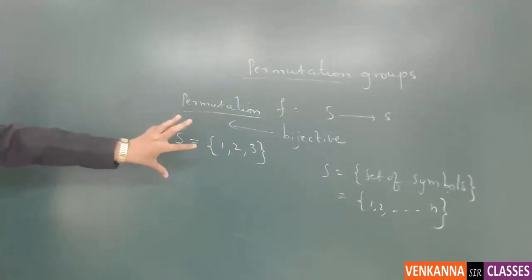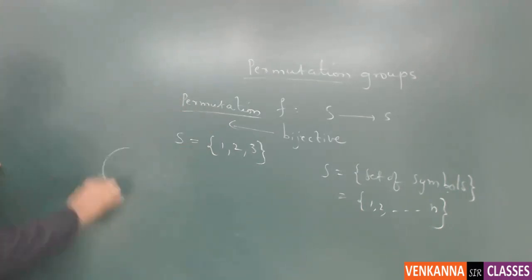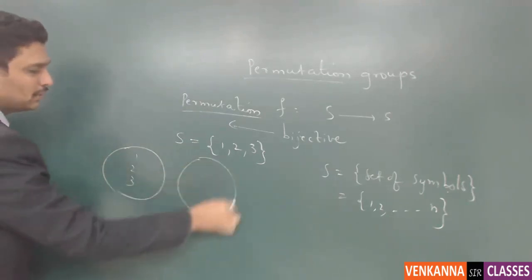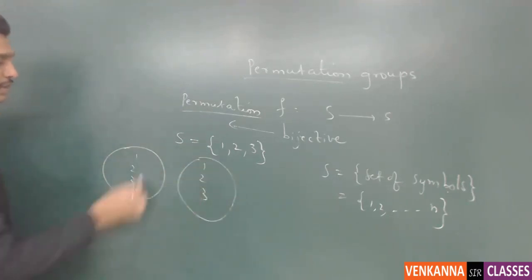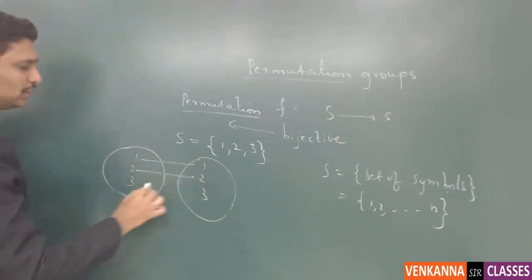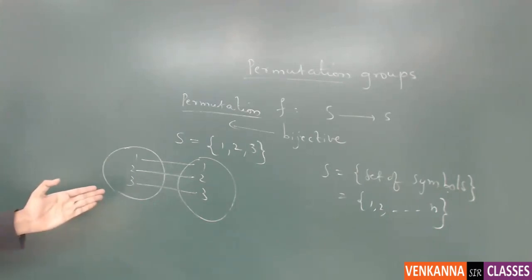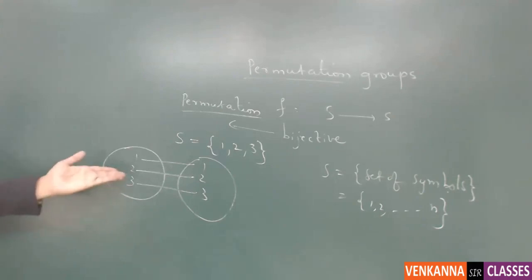Let us pair the elements in a simple manner: 1, 2, 3 and 1, 2, 3. You can pair 1 with 1, 2 with 2, 3 with 3. Is it a bijection or not? It is a one-one function as well as an onto function. All of you agree? So it is a permutation on S.